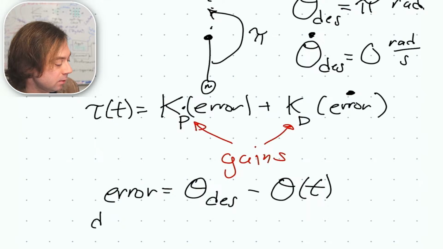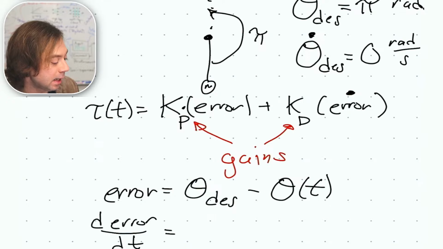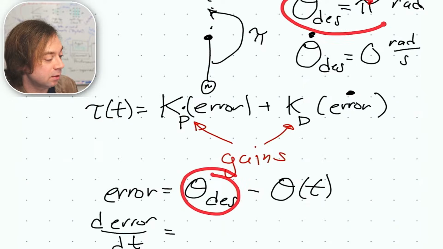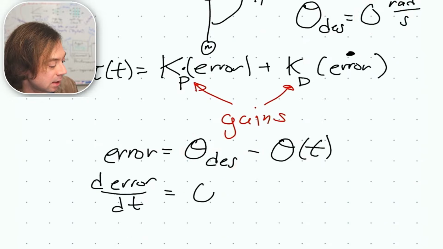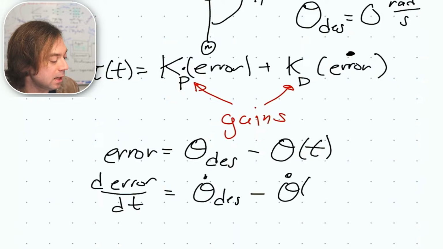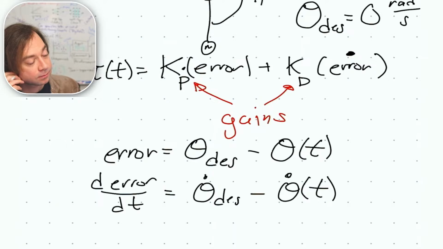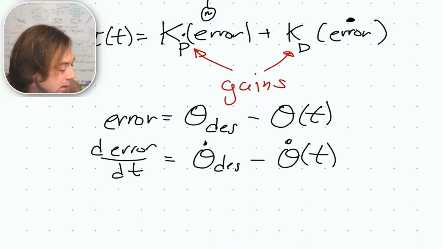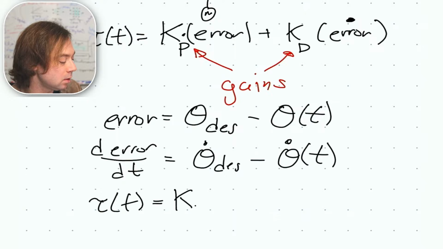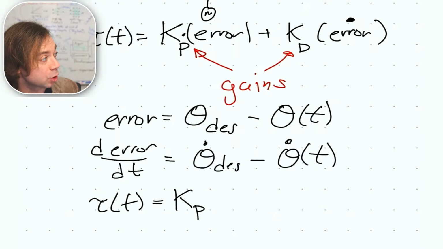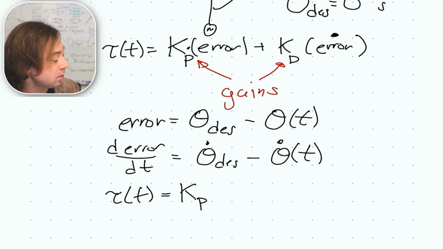And the time derivative, d error dt, is the derivative of both of those things, which if this is a constant, by default it's 0, but we've also said it's 0. Okay? So we'll just say theta dot desired minus the derivative of theta with respect to t, which is theta dot, right? So that means that our PD controller, our torque, is equal to some Kp, which is a proportional gain that we choose. Okay.